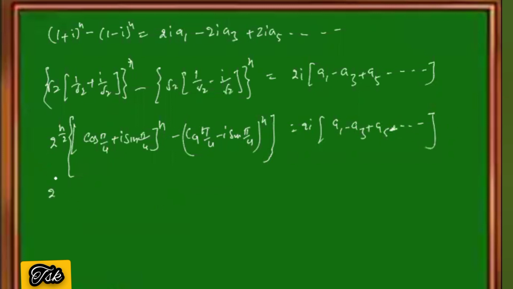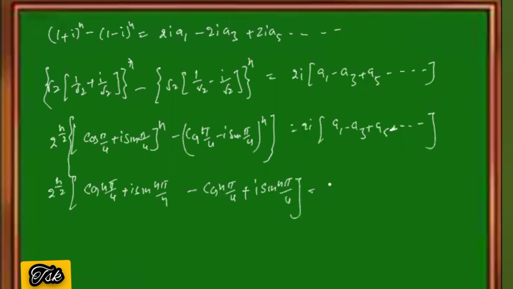This is 2 power n by 2. I can write this as cos n pi by 4 plus i sin n pi by 4, minus cos n pi by 4 minus i sin n pi by 4, and multiplying with the minus, we get this, is equal to 2i into (a1 minus a3 plus a5 minus so on).